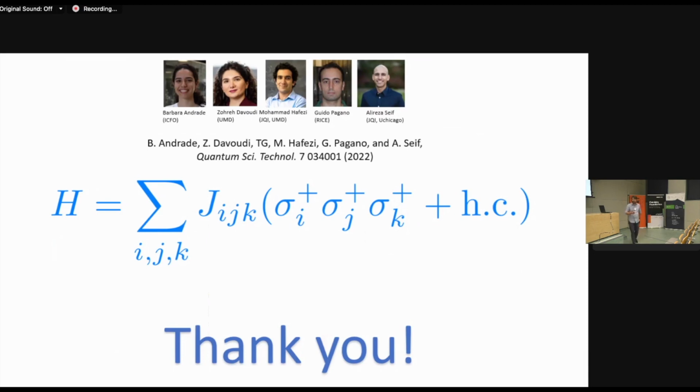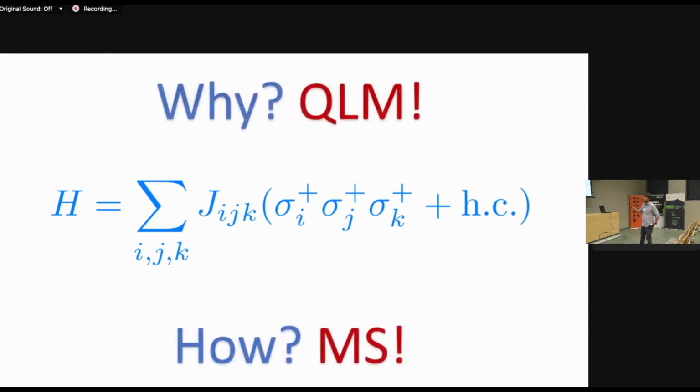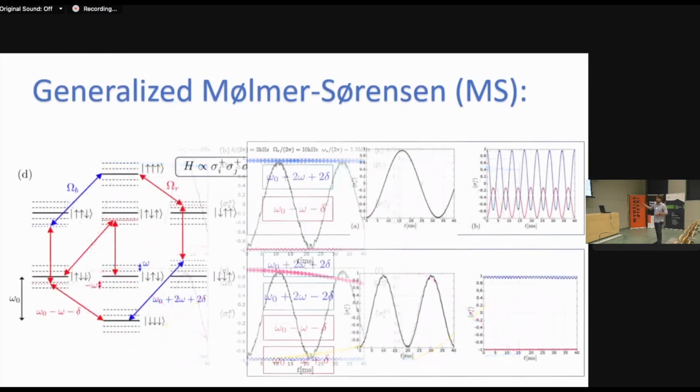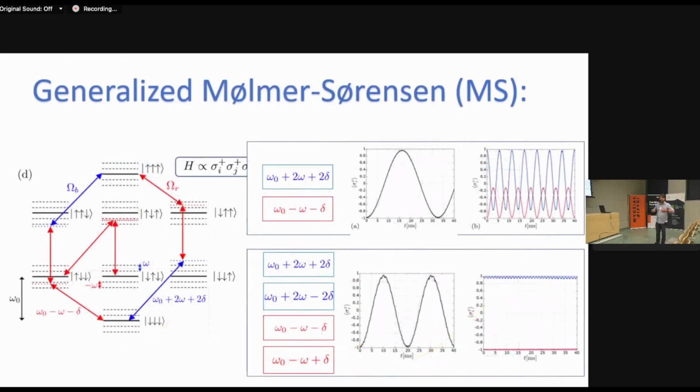So can you elaborate a little bit on fine-tuning of the phonon structure? Yeah, so one of the main problems is that this simulation here was a simulation which we have done only taking into account the center of mass phonon.